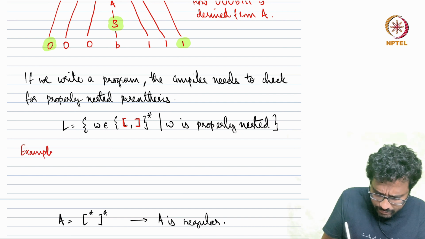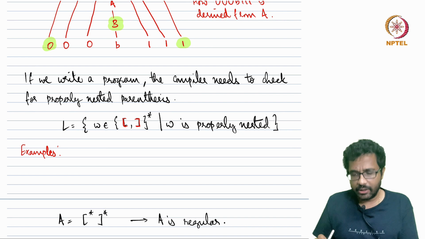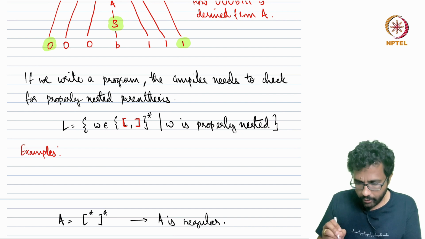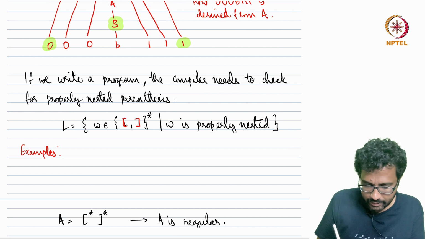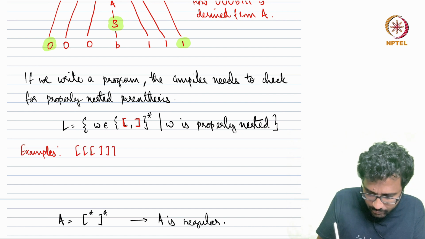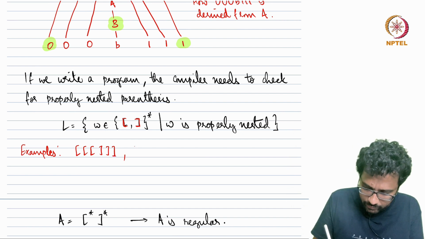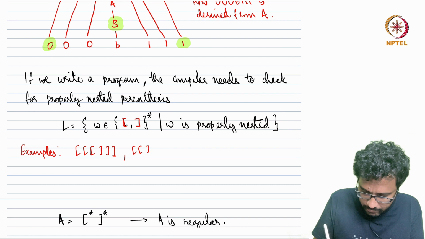I am just using square brackets instead of parentheses, because this is easier to draw and visualize, since there are no curves. So this is, for instance, a string that is properly nested. Here is another one.